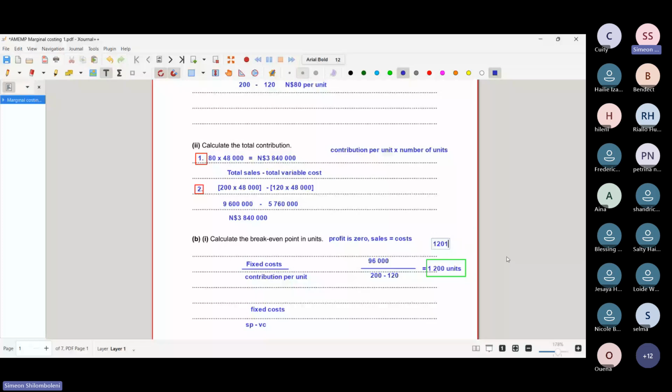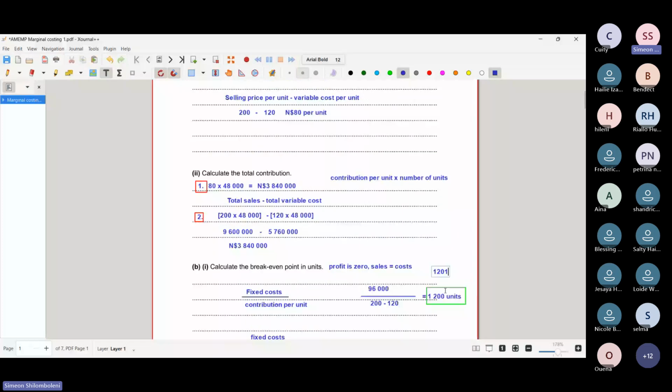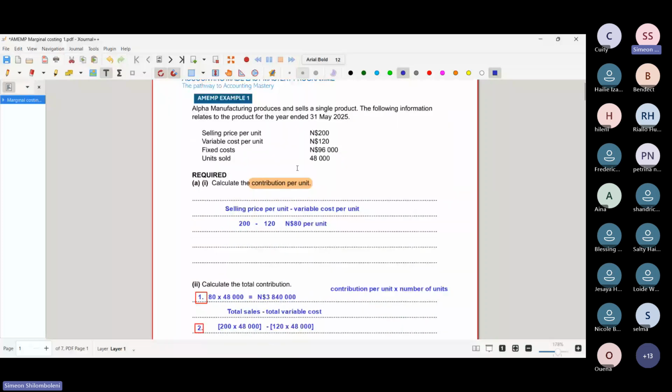148,000. So it's always advisable for the business for this break-even point to be as low a number as possible, because it means they are making a profit early enough. This is much better because they are making a profit as soon as they sell 1,201, as compared to the same business that might have a break-even point of, say, 36,000.